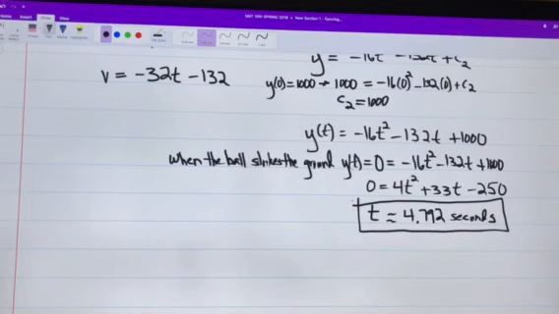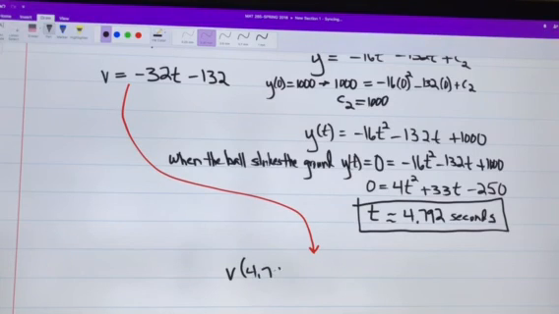And in terms of the velocity, again we have the velocity at 4.792 seconds. So we have negative 32 times 4.792 minus 132.